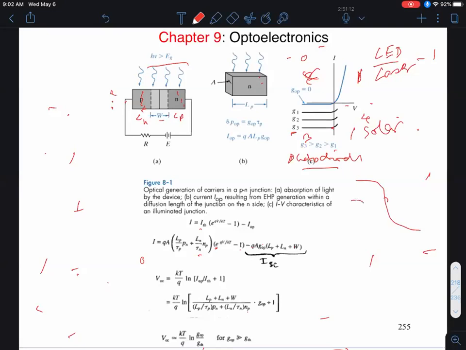In reverse bias, of course, that's my p side, that's my n side. So if I create minority carrier electrons in the p side within a diffusion length L sub n, they can diffuse to the edge of the depletion region and be swept across. Similarly, minority carrier holes on the n side within a diffusion length of L sub p can diffuse and be swept across.